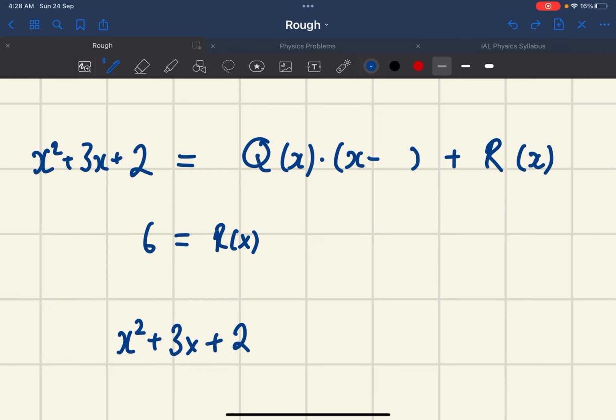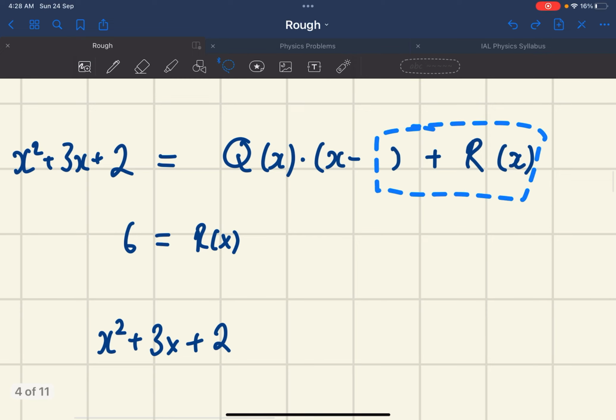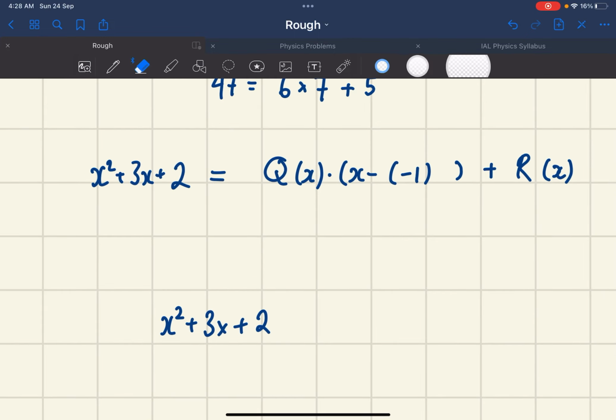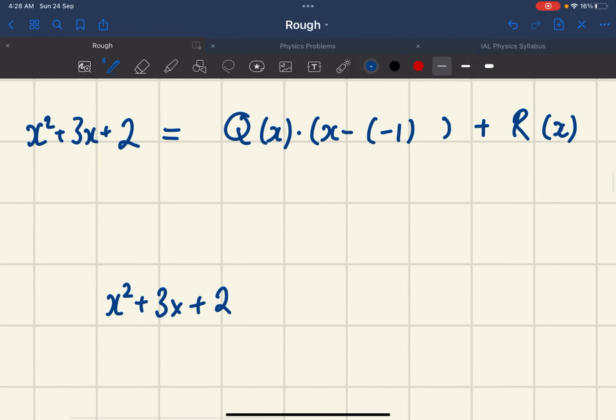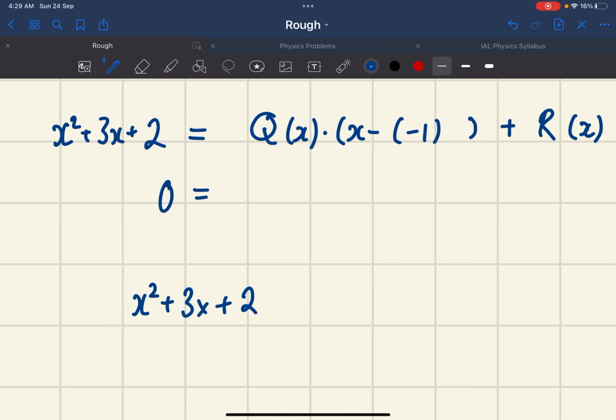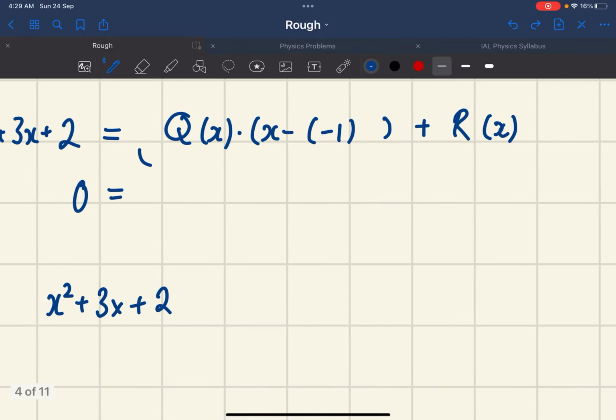I should make it clear that we're putting minus 1 because we want minus of the root, right? Now we want this dividing. Substitute x equals minus 1 again. You get 0 because minus 1 is a root. This one, what will it become? Minus 1 minus minus 1 is 0. So this also becomes 0.